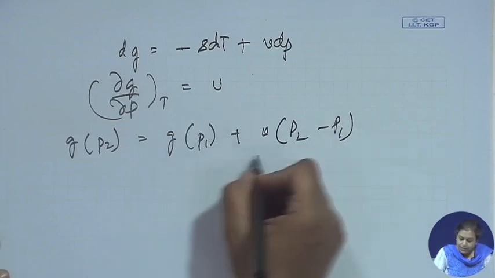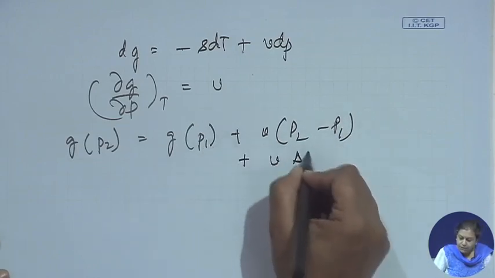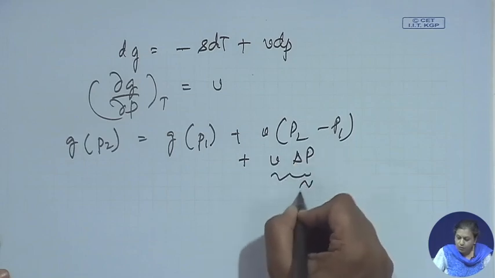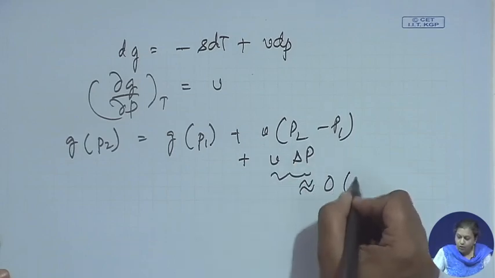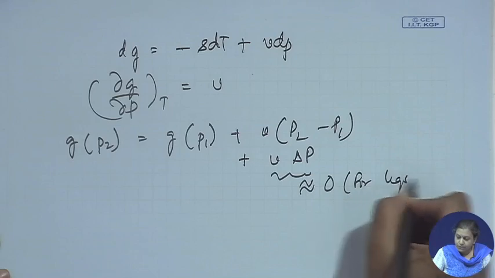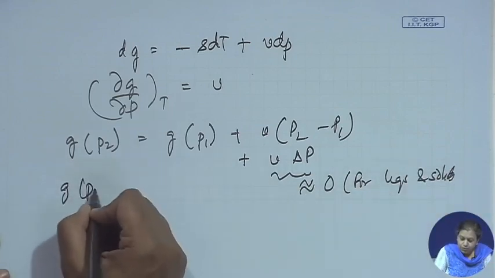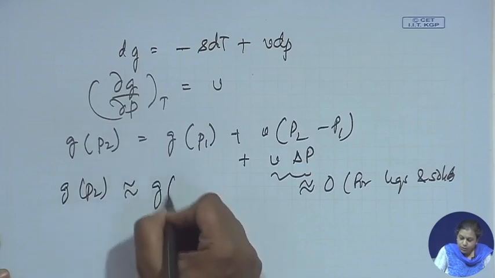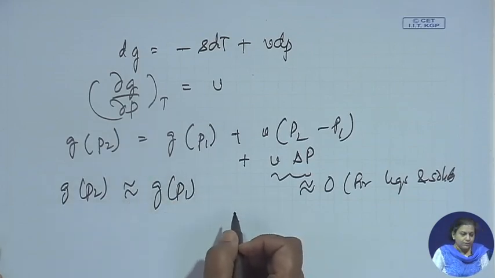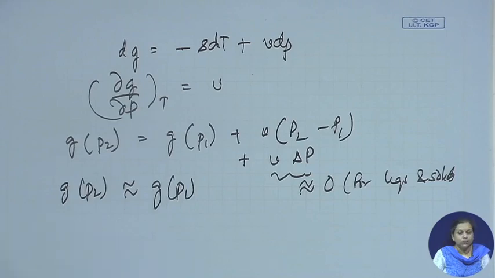It can also be written as V delta P, which is almost equal to 0 for liquids and solids, which tells us that G at P2 is almost equal to G at P1. So, in other words, Gibbs free energy is more or less insensitive to pressure for liquids and solids.